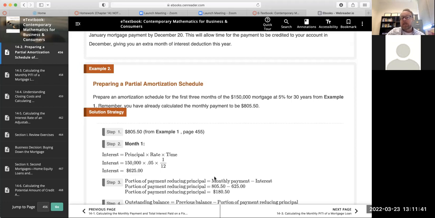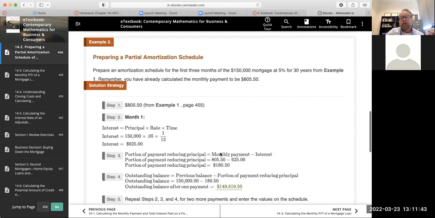Well, if my payment was $805 and my interest was $625, I subtract that, and whatever remains is used to pay off my actual loan. So in this case, I have $180.50 that will be paid directly towards the $150,000. Unfortunately, the $625 went to interest, so the bank got that.